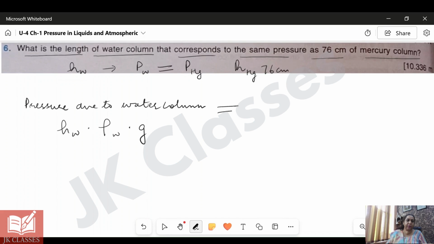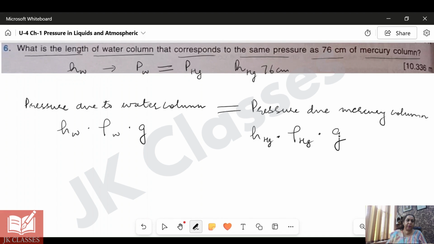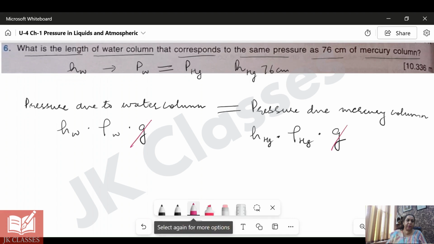And as per question, this is same as pressure due to mercury, given as height of mercury column multiplied by density of mercury multiplied by acceleration due to gravity. So this g gets cancelled with this g.